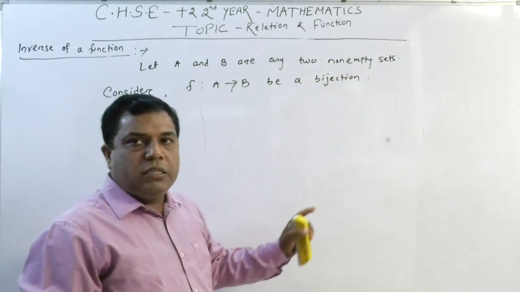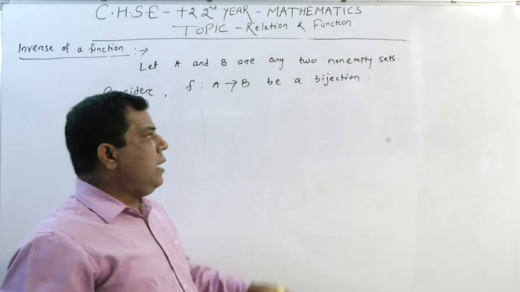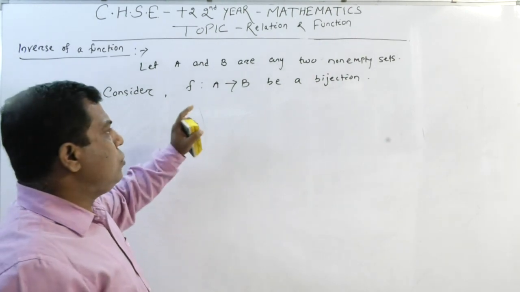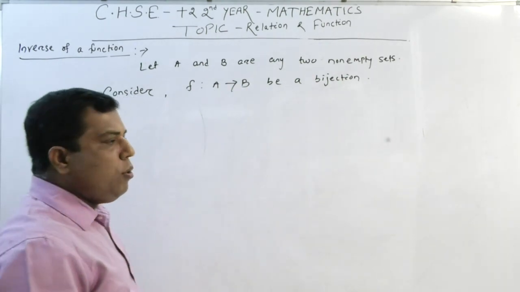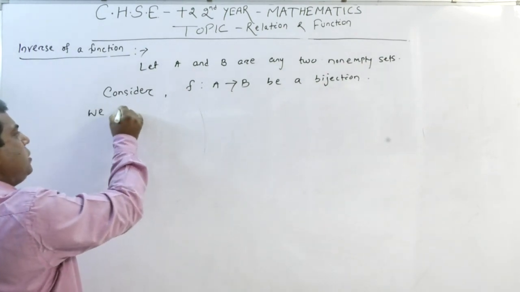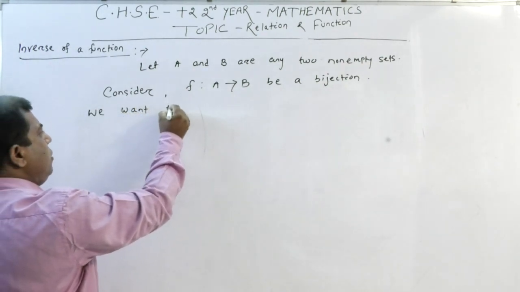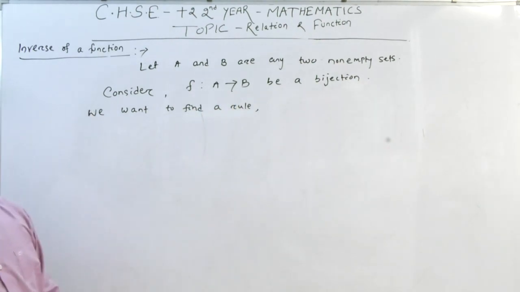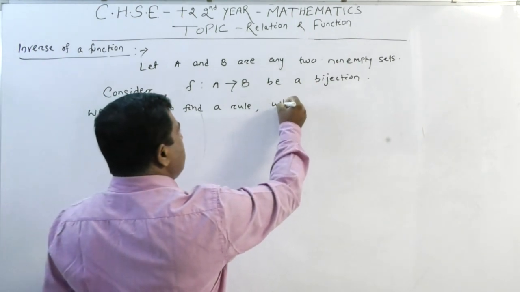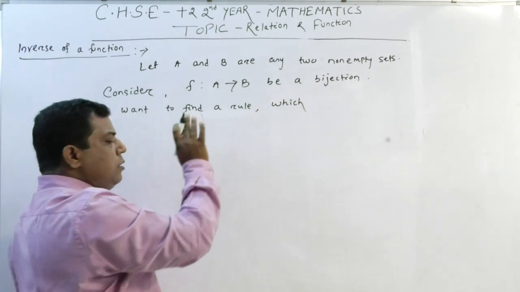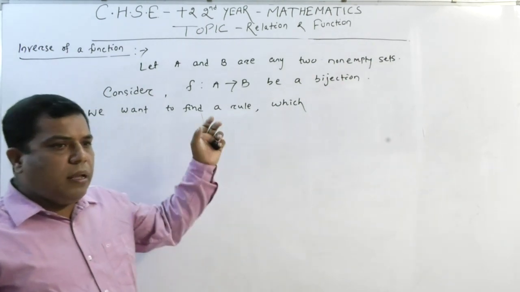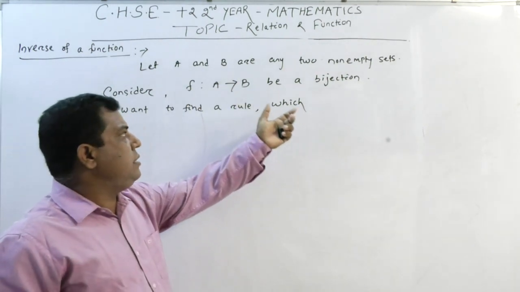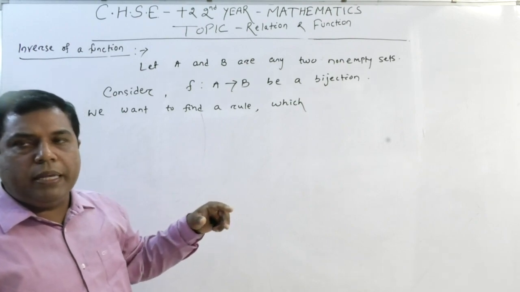As we saw through some pictorial mode, for the existence of the inverse, the original function should be bijective in nature. We want to find a rule, which converts the elements of the range set to their pre-image values.